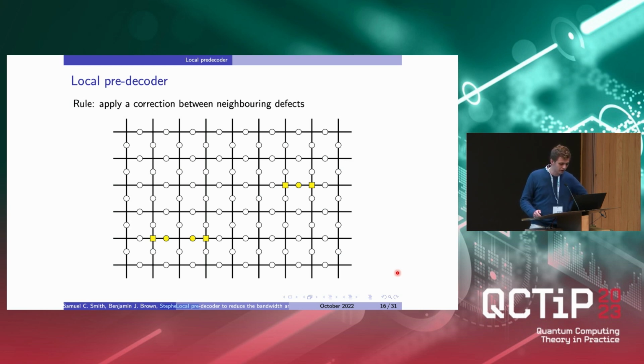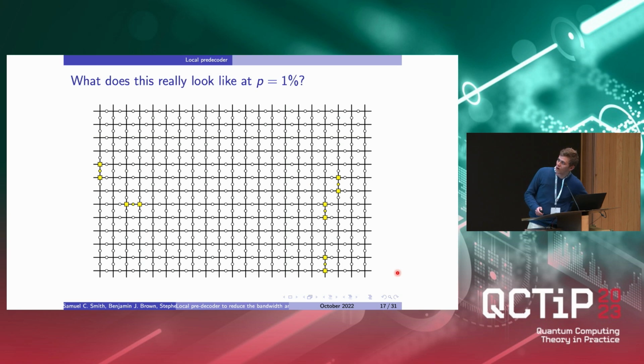We might think about using this thing at error rates of something like 1% or less. So this is an error configuration at 1%, and this was generated. And then of course, you can predict what happens when you run the thing: it sees them all and cleans them all up. It's a bit silly, but the point is that this is what most errors look like at 1%.